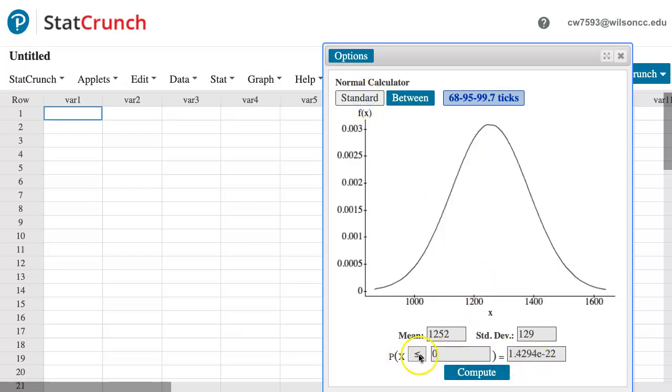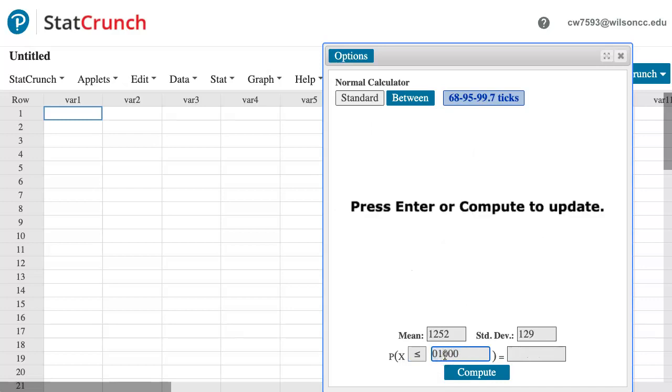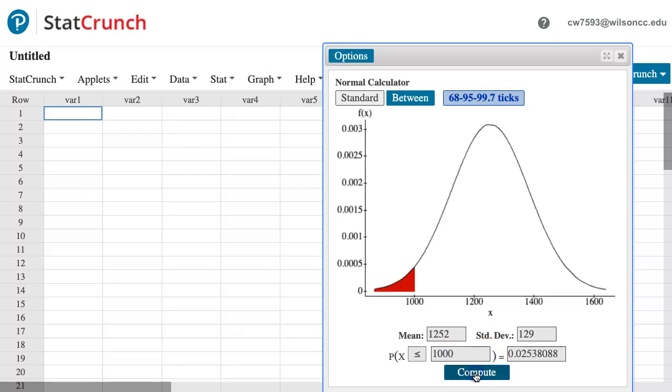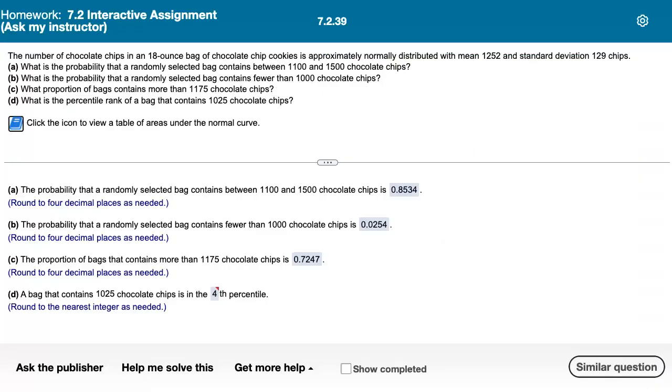Notice that the probability statement down here at the bottom has changed, and we want fewer than, less than or equal to 1,000. Sorry, extra 0 there. And compute, and that gives us the value that we're looking for to put in the answer space for part B. Again, C is similar. We would just have to change the direction of that inequality sign in that probability statement.